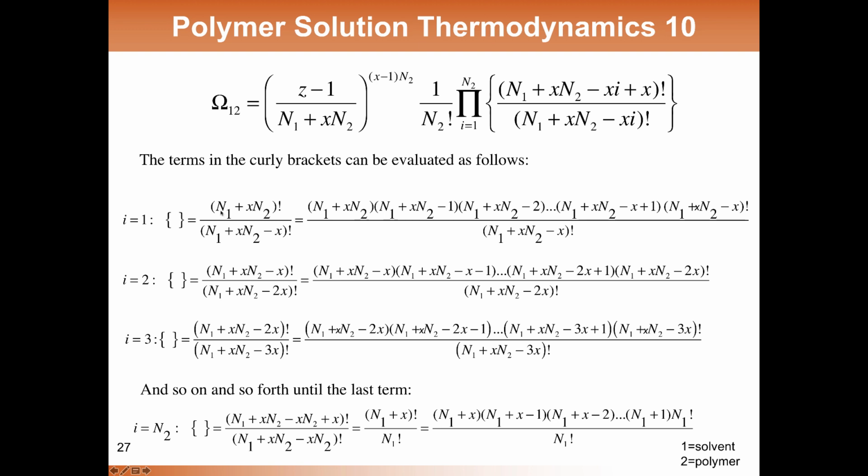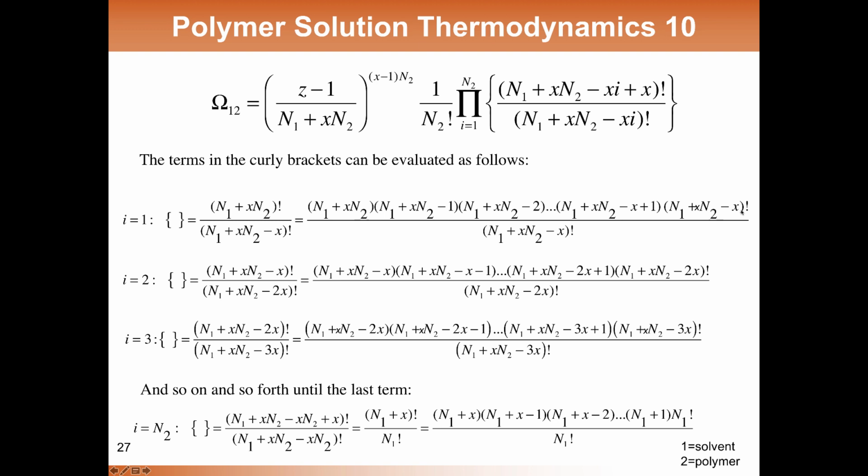I can write out the factorial (n1 + xn2)! as (n1 + xn2) times (n1 + xn2 - 1), (n1 + xn2 - 2), and so on and so forth, all the way down to (n1 + xn2 - x + 1) and (n1 + xn2 - x).